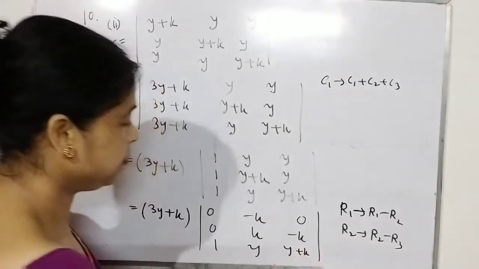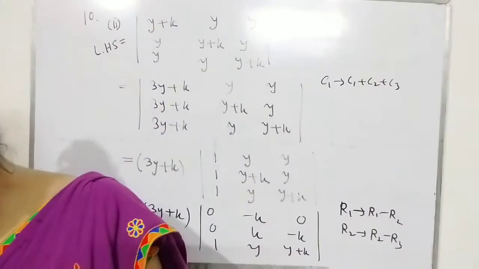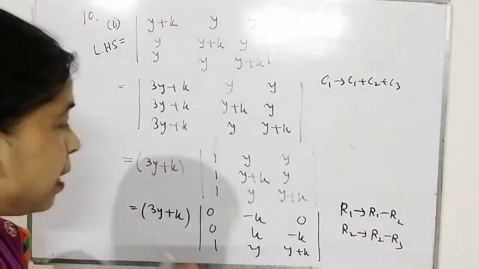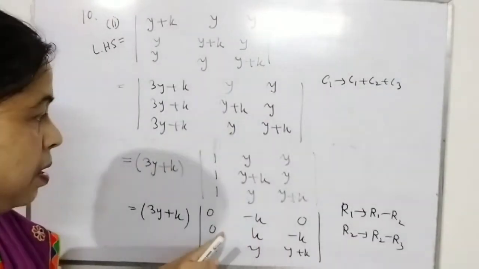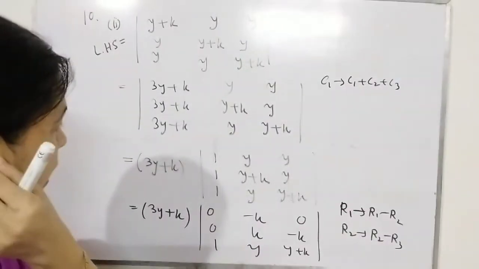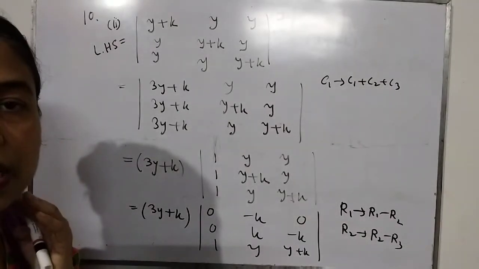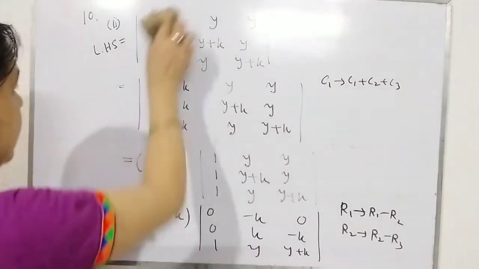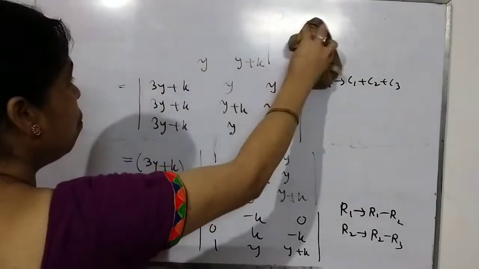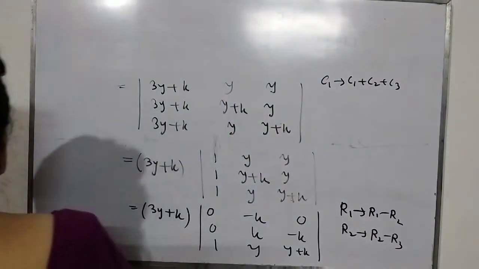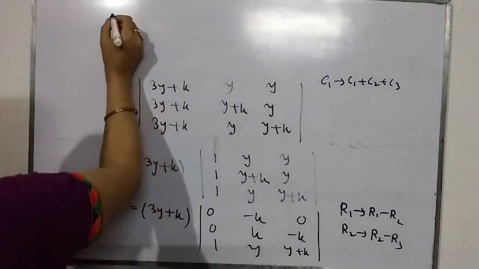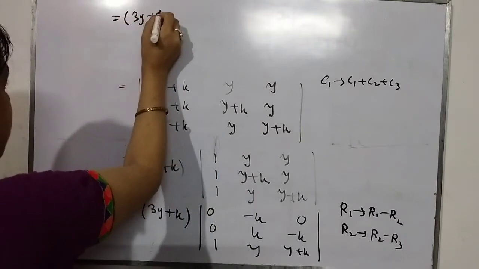Keep the third row as it is: 1, y, y plus k. Now you see in your first row, k is coming common. And in your second row also, k is coming common. Is it not? So I can take common 2 k's from your first row and the second row. Okay. So let us take common k, 3y plus k will be there.